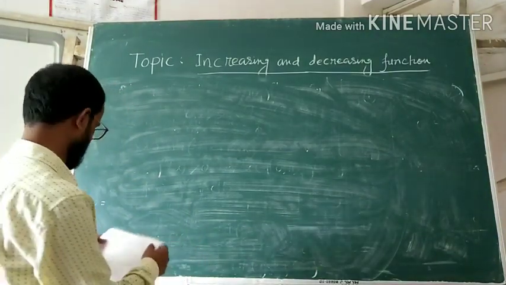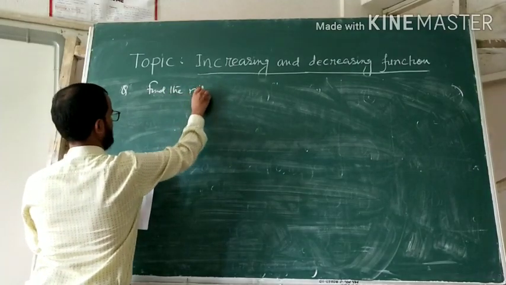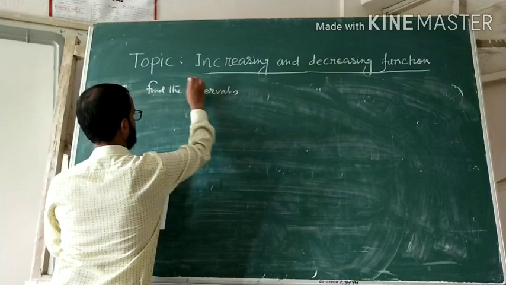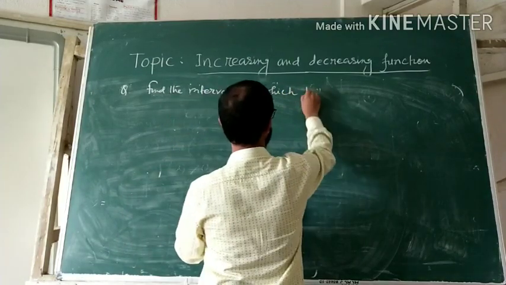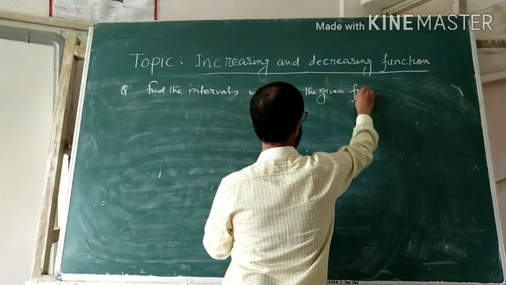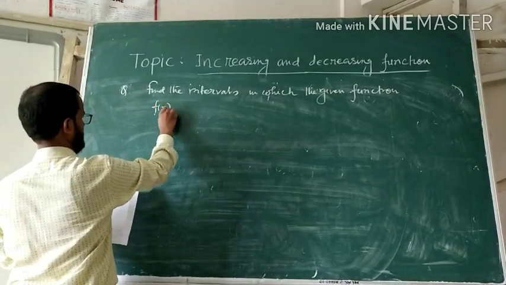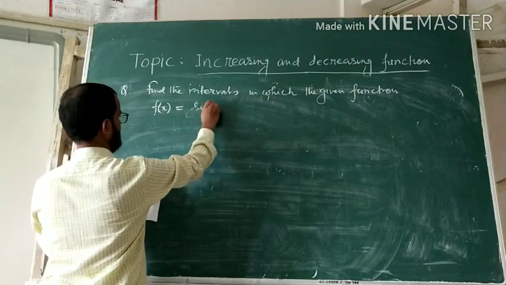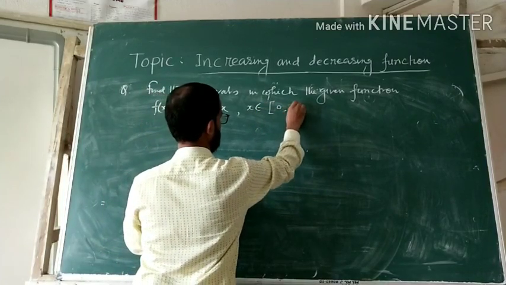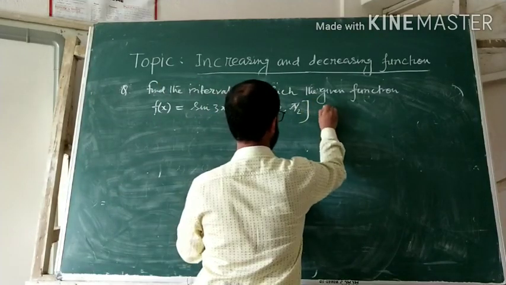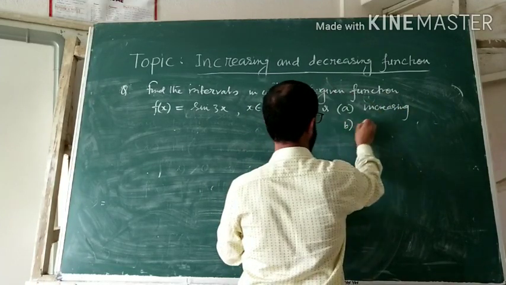The question is, find the intervals in which the given function fx equal to sin 3x, where x belongs to 0 to pi by 2, is (A) increasing, (B) decreasing.